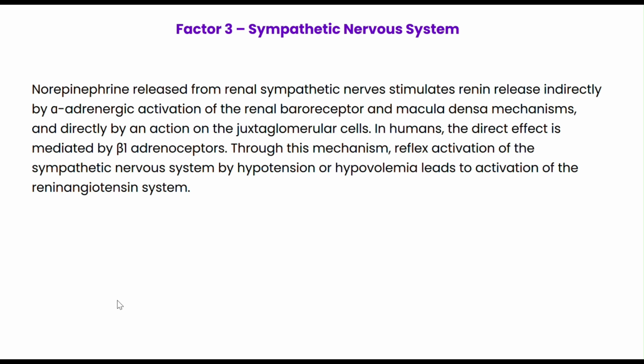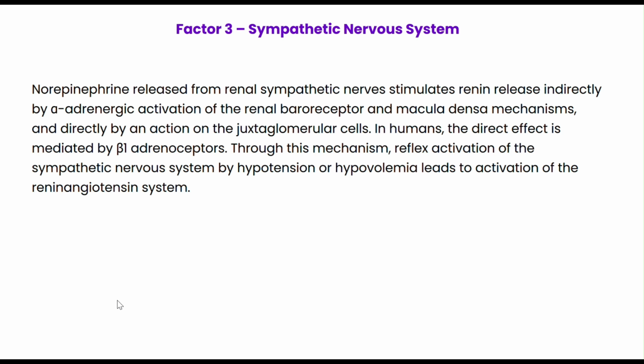Next up is the sympathetic nervous system, which comes into play during stress or injury or if there is any low blood volume. It releases norepinephrine, which directly stimulates renin release through beta 1 adrenergic receptors on the juxtaglomerular cells.